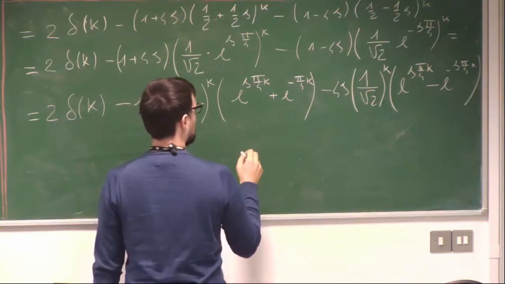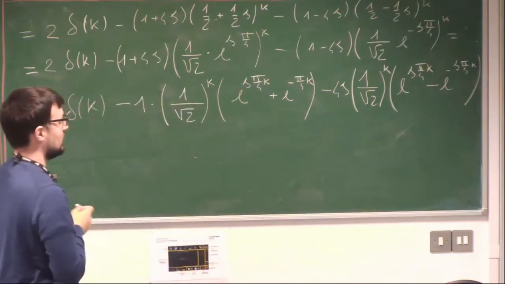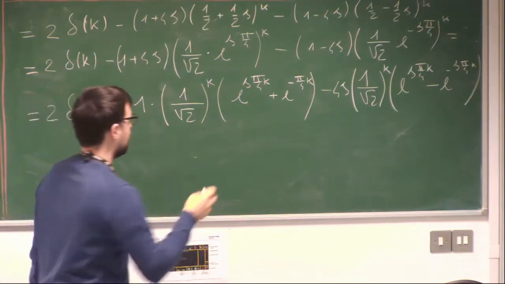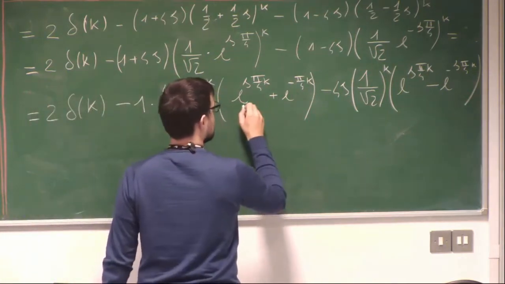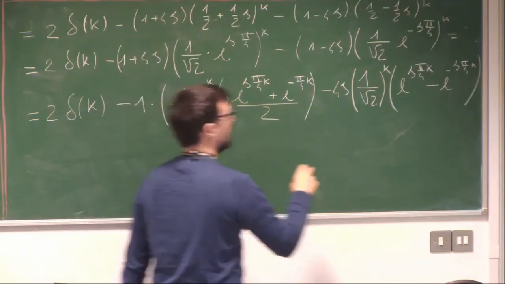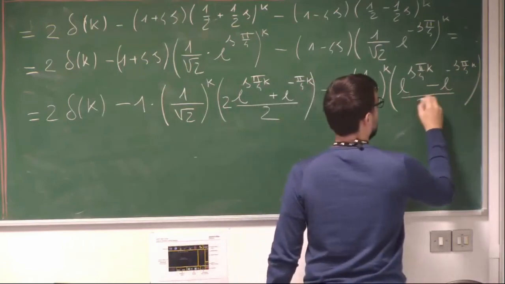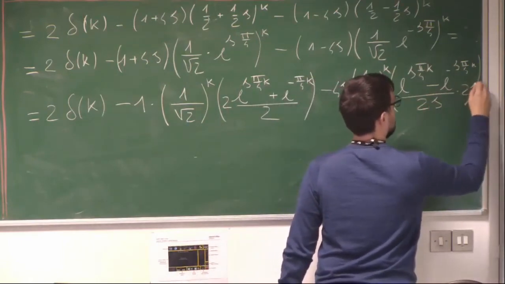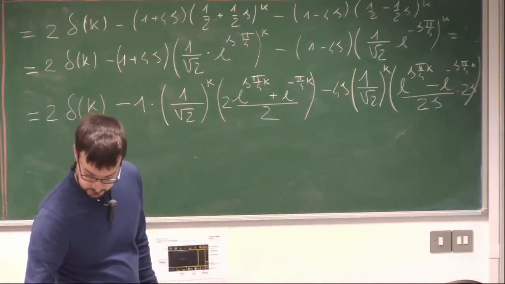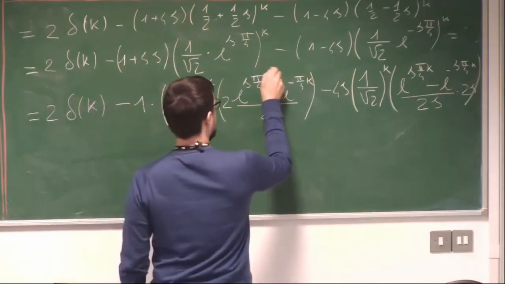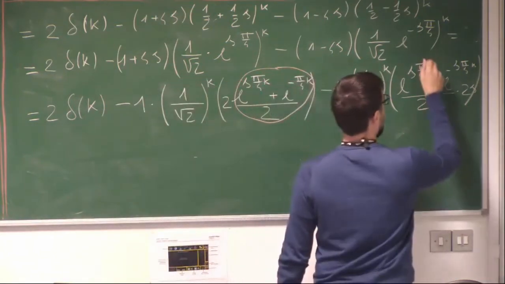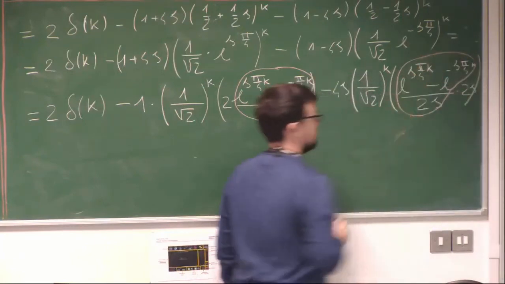Now we recognize that we have almost obtained cosines and sines. So we divide by 2 and multiply by 2 here, and here we divide by 2j and multiply by 2j. Now we recognize that this term over here is the cosine, and this term over here is a sine.